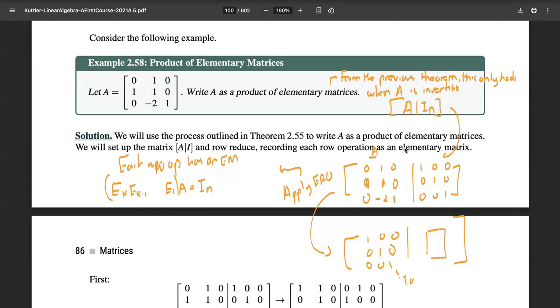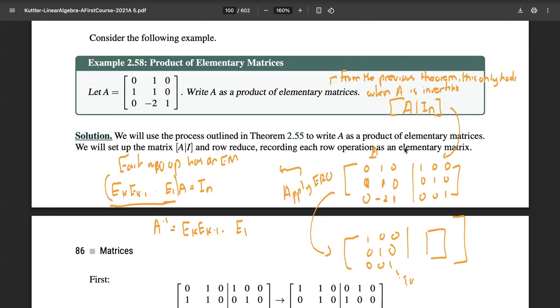But this also means that the inverse of A is actually just this matrix right here, EK, and so on down to E1. I'm assuming that there are k number of row operations. That's why I have E1 up to EK, each associated to one row operation, right, out of the k number of them.